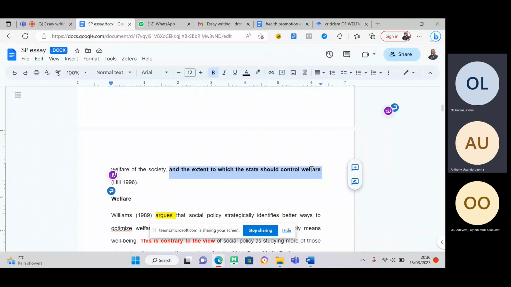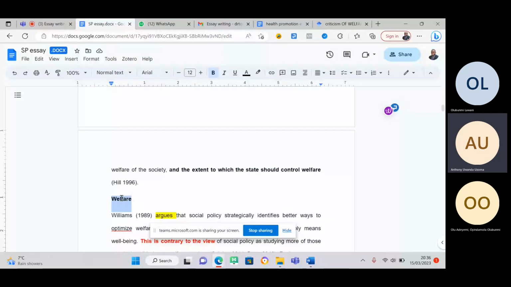By the time you are finished giving subheadings to the various sections in the essay, if I want to remove this subheading, I need to find a way to introduce welfare without it. So that is what you do at the end of the essay.